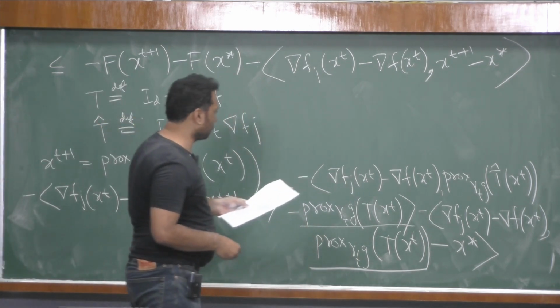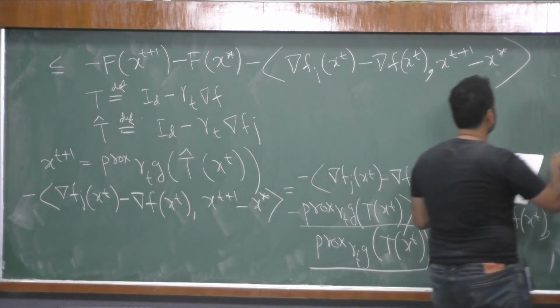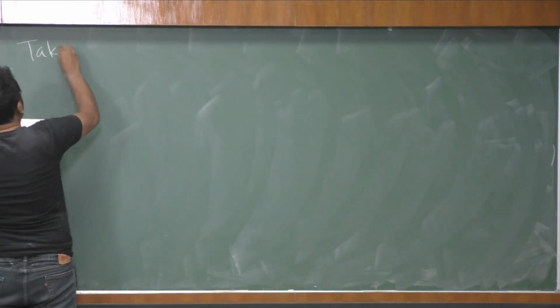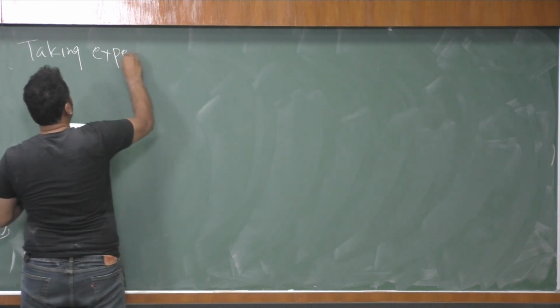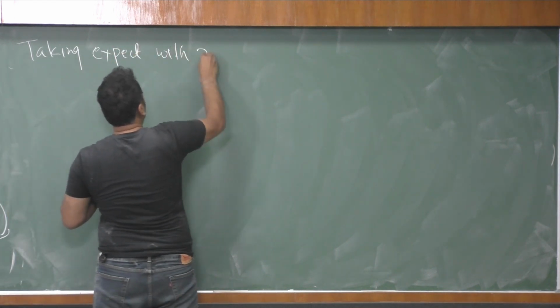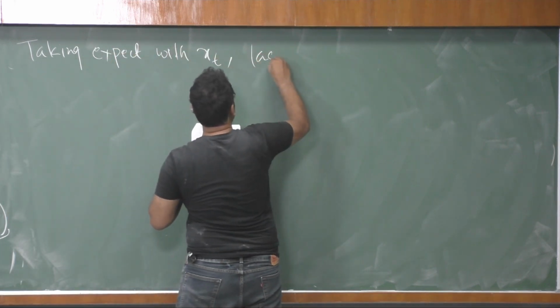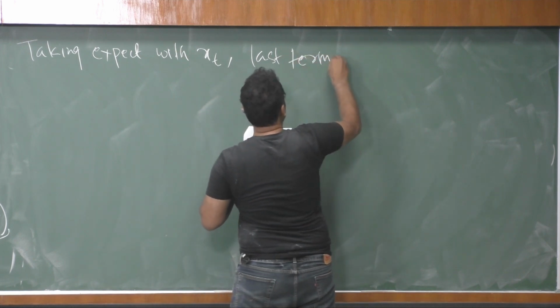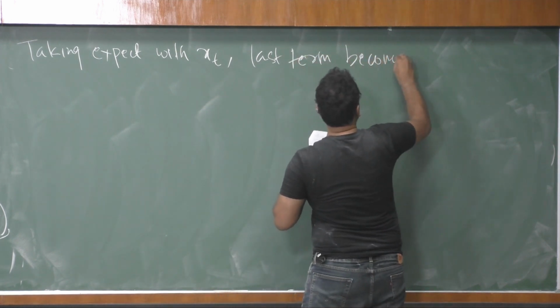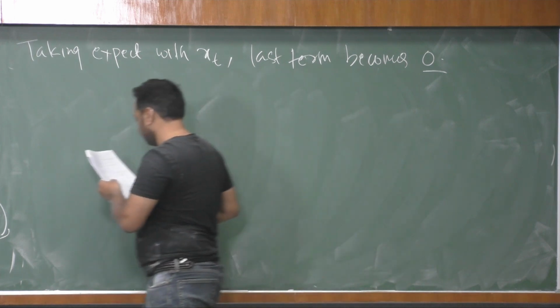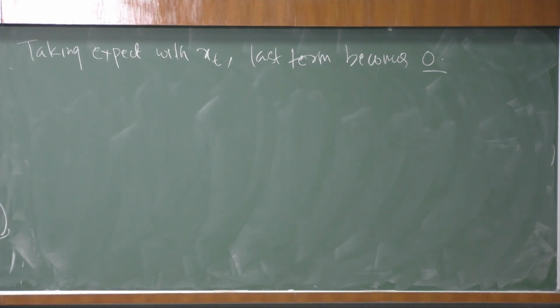Now in the notes, I will just write down here: taking expectation with x_t, the last term becomes 0. Then we only look into the first term here and apply the non-expansiveness property. So let us see what it leads to.